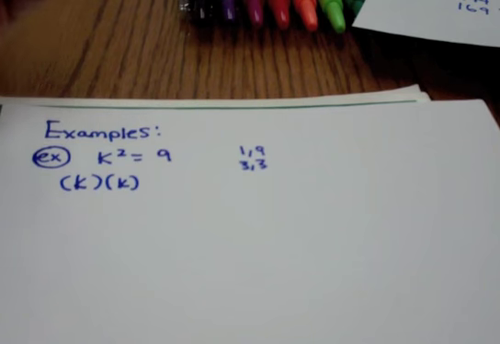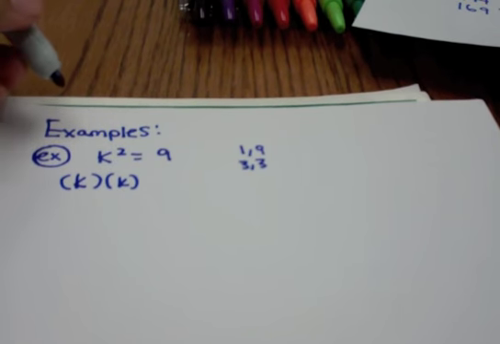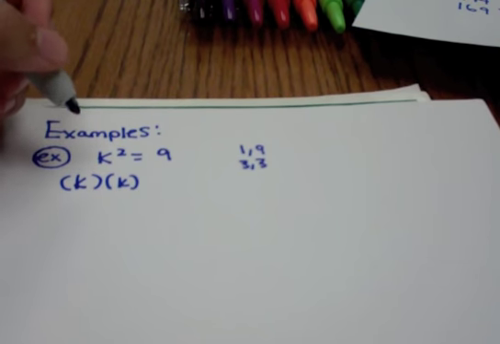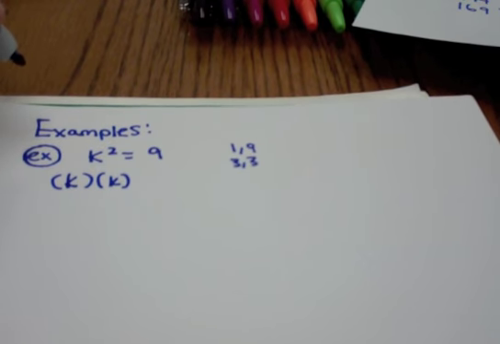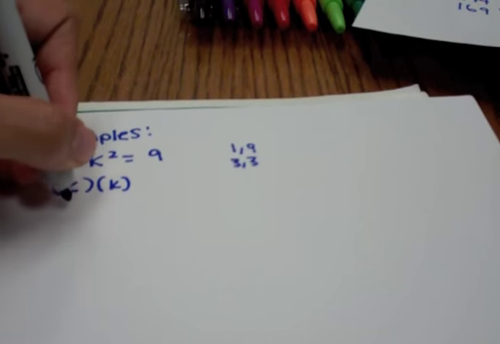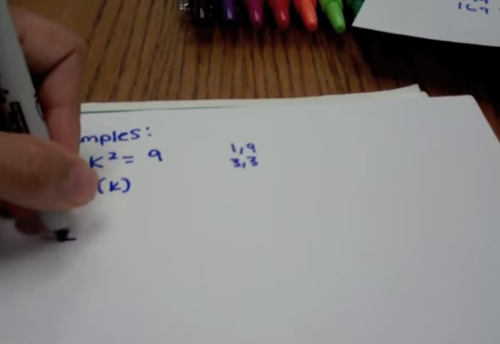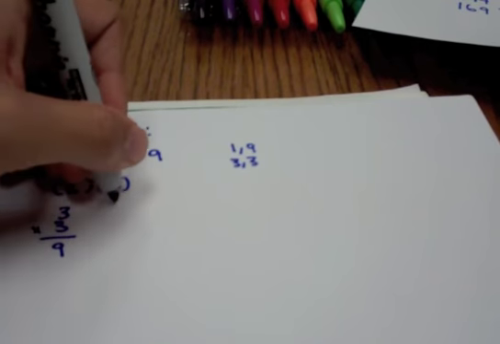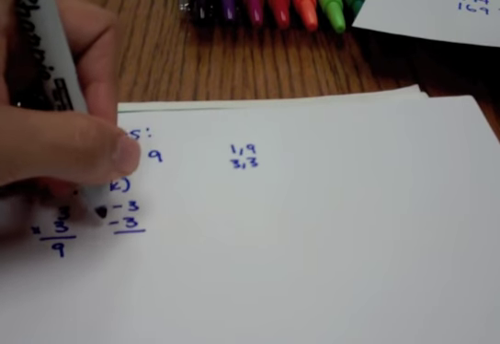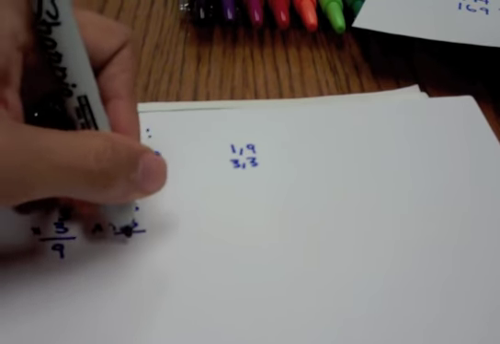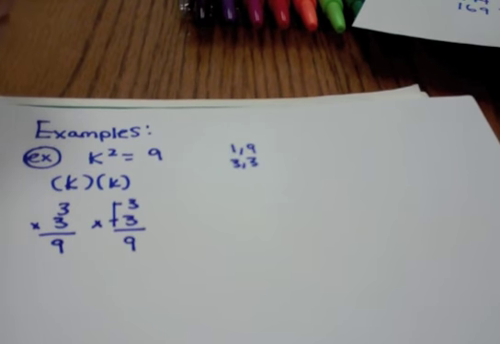And we know that positive 3 times positive 3 gives us 9. But also, we have to think back, and two negative numbers multiplied together gives us a positive number. So we can say that not only is 3 times 3 equal to 9, but negative 3 times negative 3, these negatives cancel, also gives us 9.